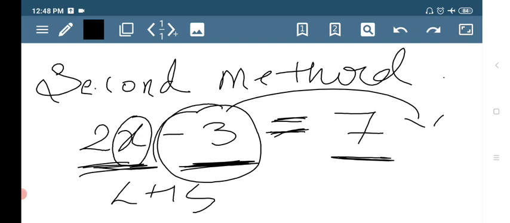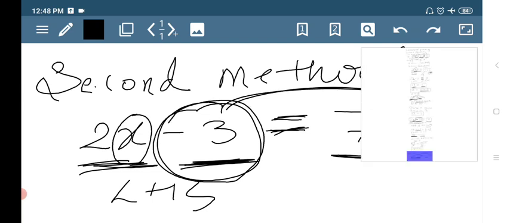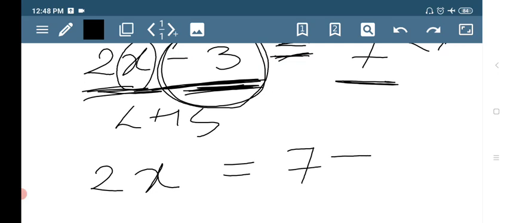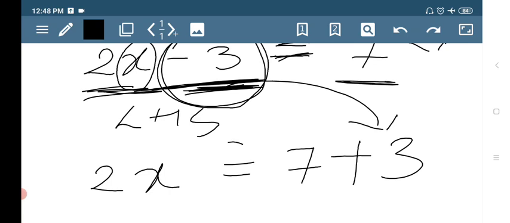The sign of the number changes. The minus 3 becomes plus 3. 2x, I am sending this minus 3 onto the RHS. It becomes 7 plus 3. That minus 3 becomes plus 3 because it crosses the equals to. Got it?